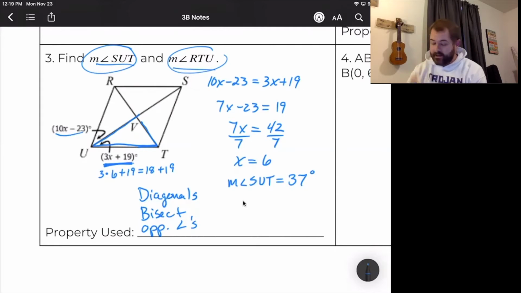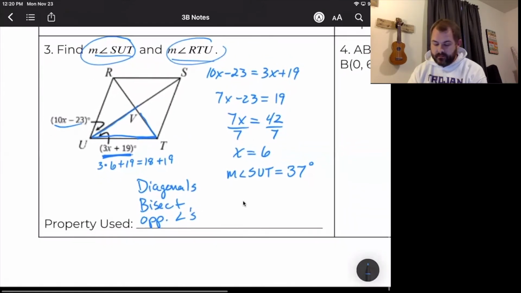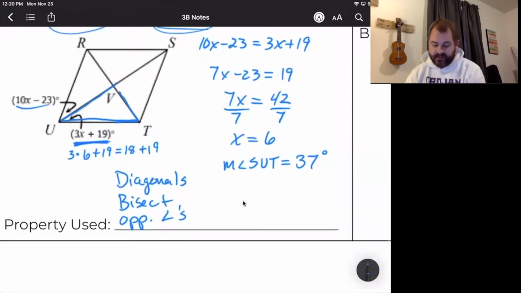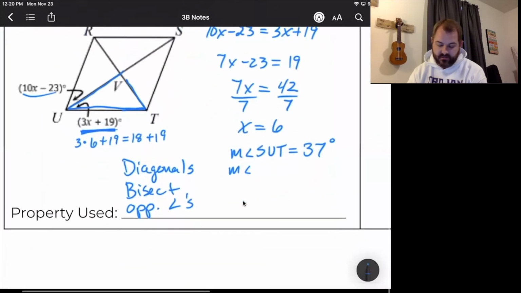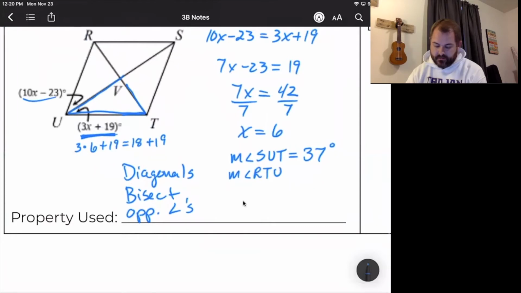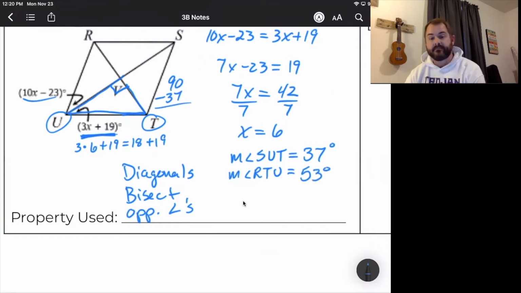Now, to find the other angle measure, the measure of angle they ask for, RTU, we are going to remember that that's a right angle and that these other two angles of that little right triangle add up to 90. So all I have to do is 90 minus 37, and I get 53 degrees. So there's the two angle measures I was asked to find, and that finishes that problem.